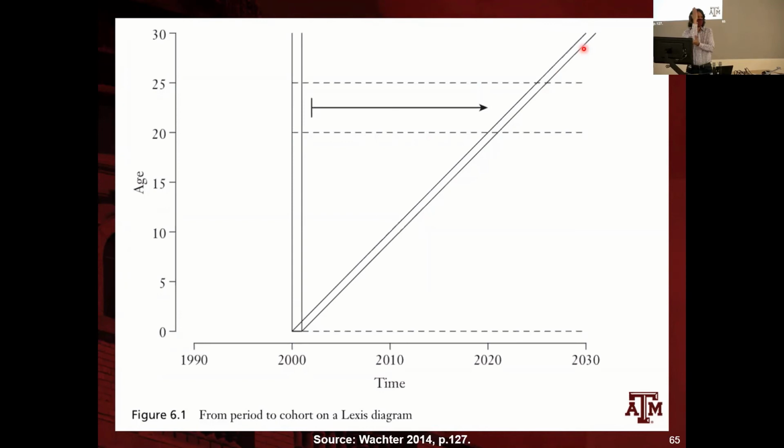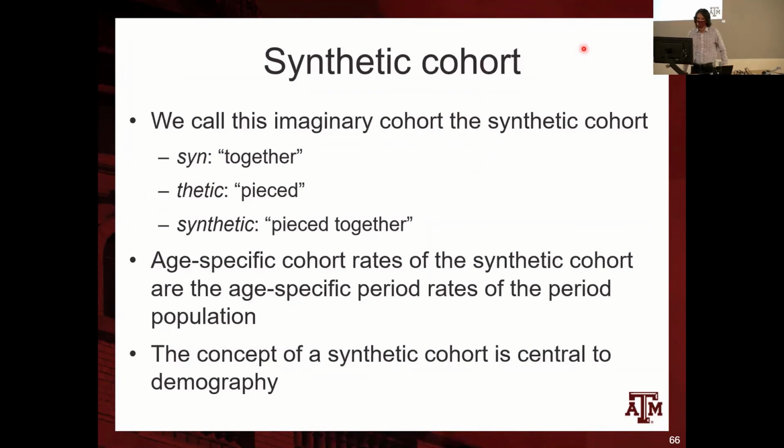So I'm getting period data and saying, interpret it in a cohort manner. We call this imaginary cohort the synthetic cohort because we are piecing together data from a period population. Age-specific cohort rates of the synthetic cohort are the age-specific period rates of the period population.